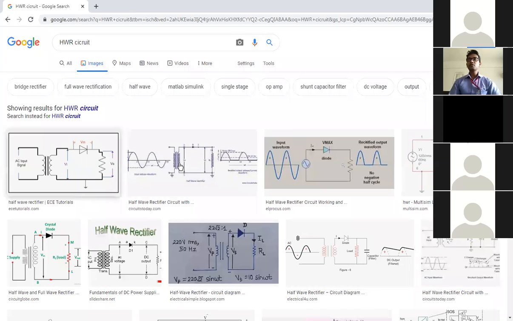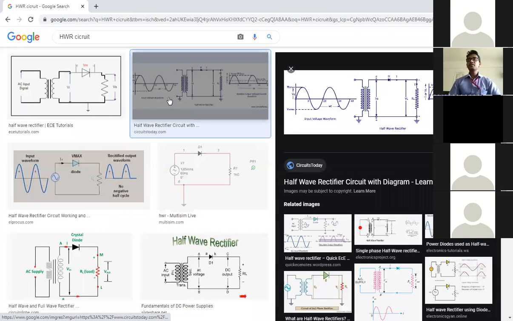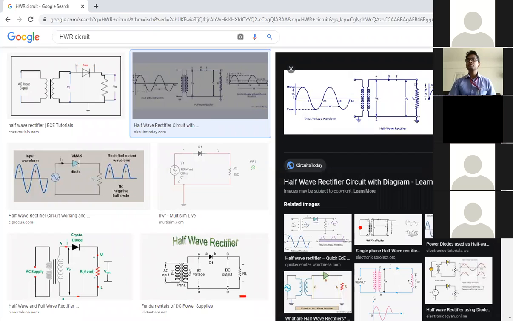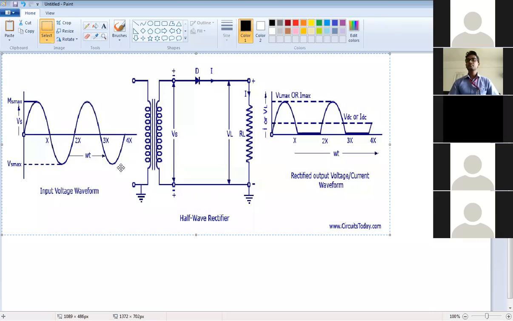So here, as you can see this diagram. As you can see here in this new sharing diagram, this is the circuit of half wave rectifier, correct?